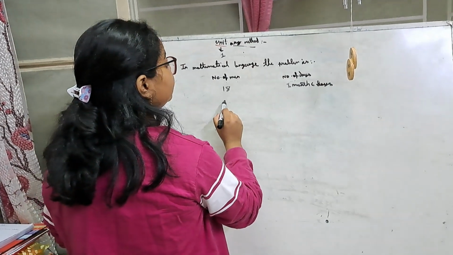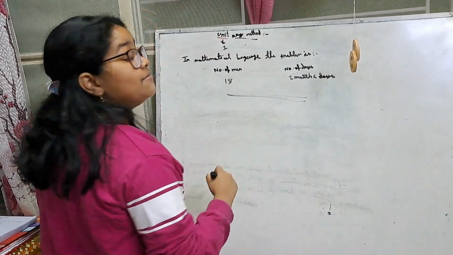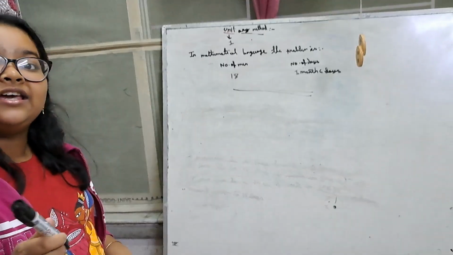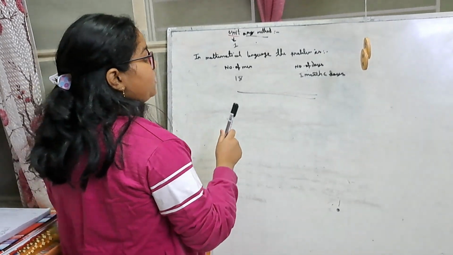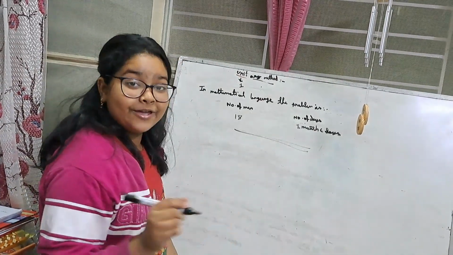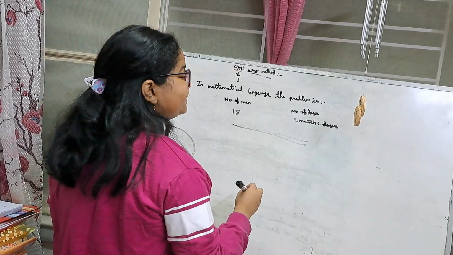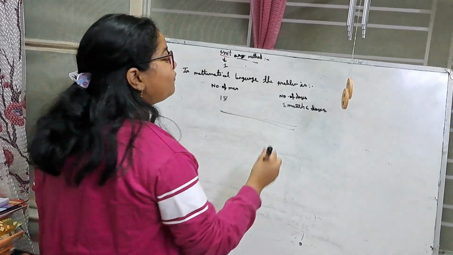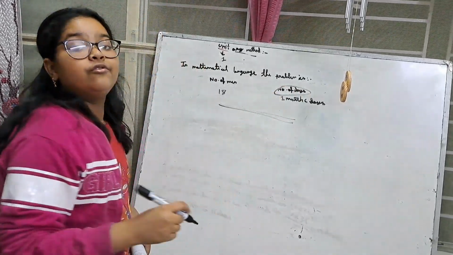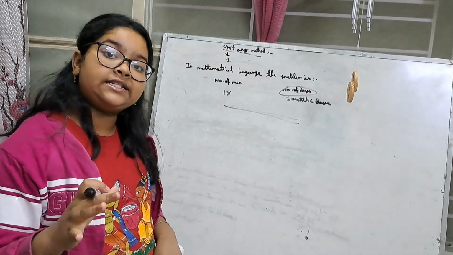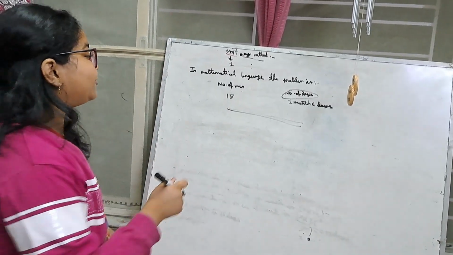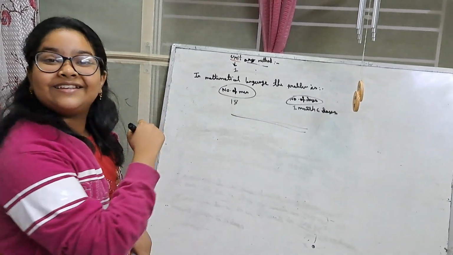So I am doing this sum because I made a mistake. This is a trick. We have already been given the data of number of days, and we have to find the number of men.